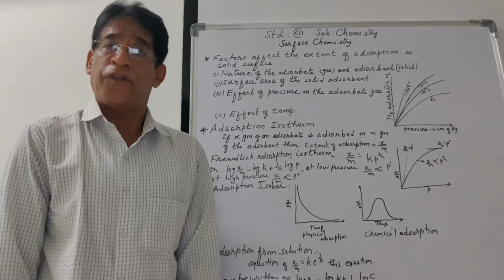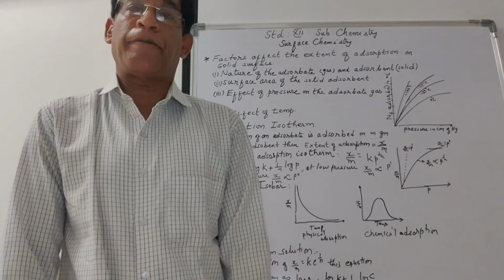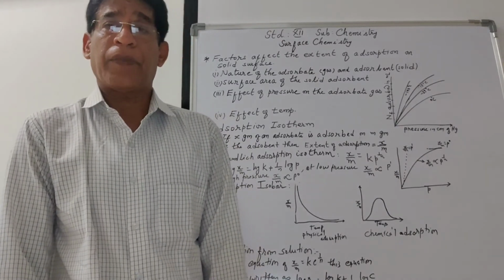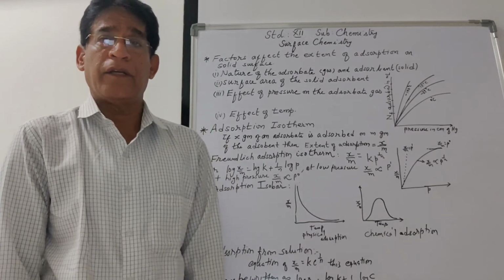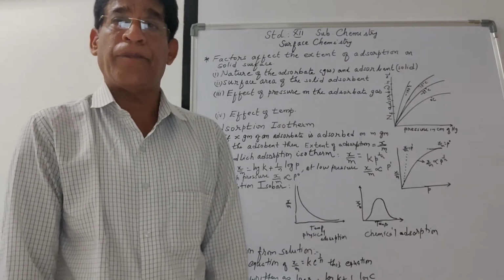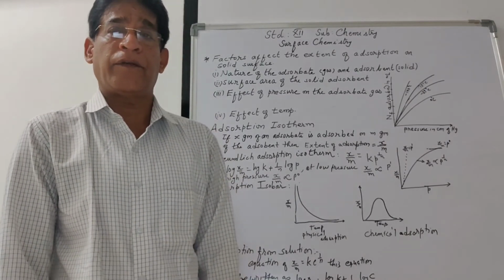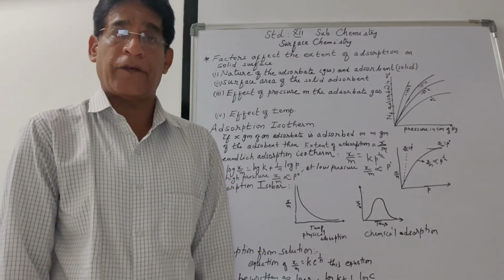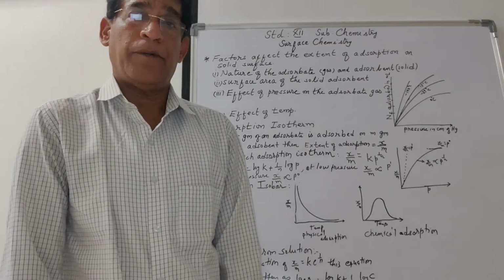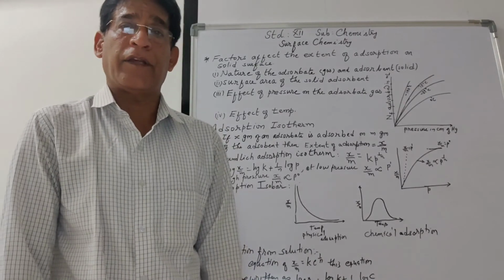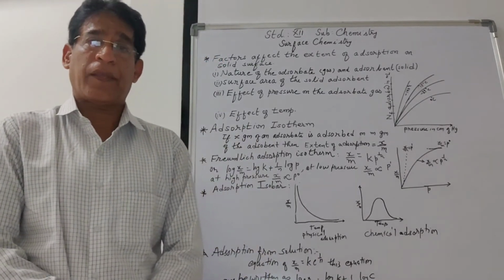And fifth application, heterogeneous catalysis. Mostly heterogeneous catalytic reactions proceed through the adsorption of gaseous reactants on the solid catalyst. For example, finely powdered nickel is used for the hydrogenation of oils.